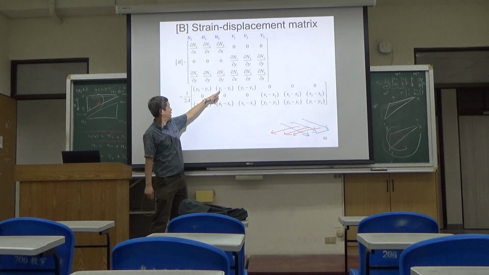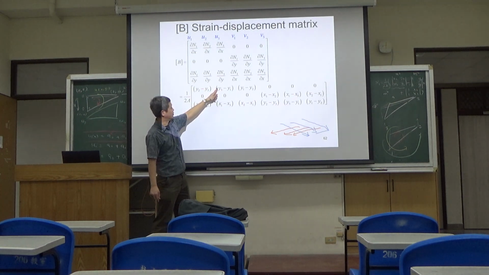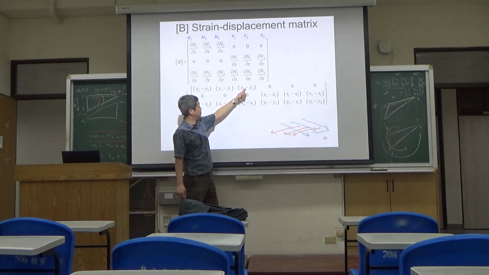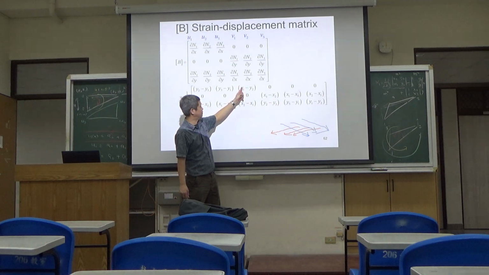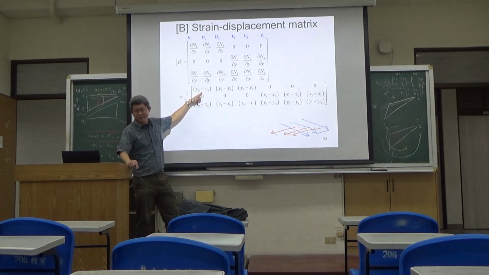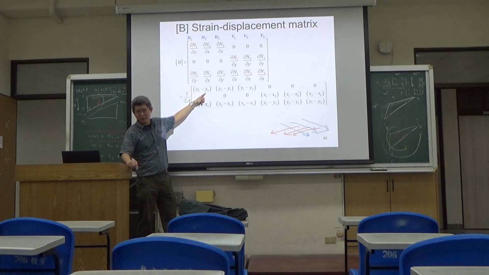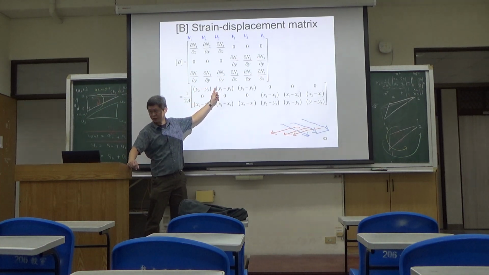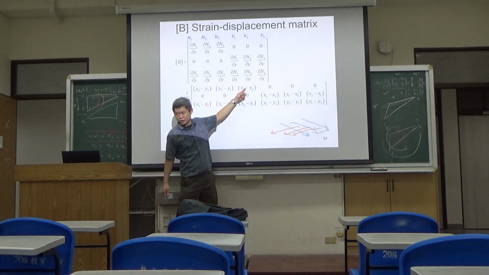Okay, and then likewise this one is 0, then this is y3 minus y1, and this one is for node 3, then it's y1 minus y2. So you will see the coordinate expressions when you are at the particular node. Okay, at node 1 you will see coordinate 1. At node 2 you will see coordinate 2. At node 3 you will see coordinate 3.